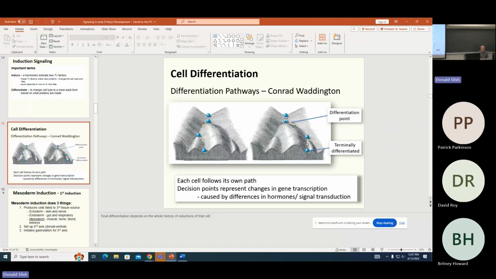So each step involves hormones activating different proteins, and how it's going to respond to any particular hormone depends on what hormones it's already seen. How did it get to where it is, and how's it going to respond to that? So this is what we're going to talk about starting Wednesday.